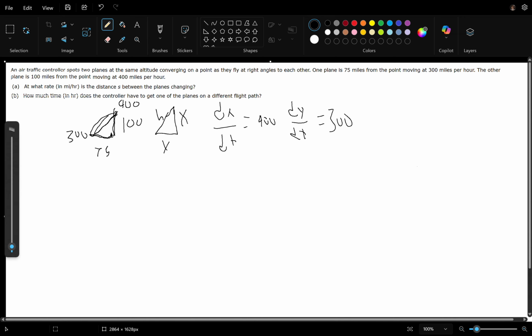And then that's what we're trying to look for, the dh over dt, which we don't know.